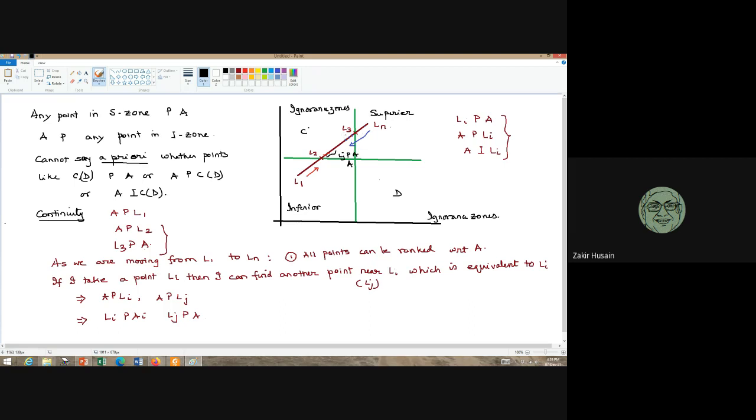And over here, I'm going to get some points such that Lj is preferred to A. So if I have continuous preferences, then at some point there must be a switch.